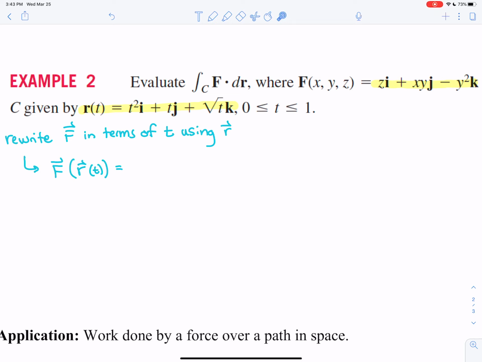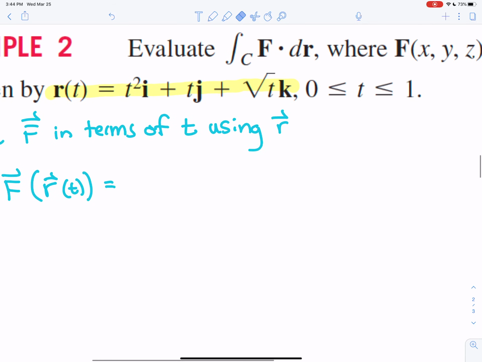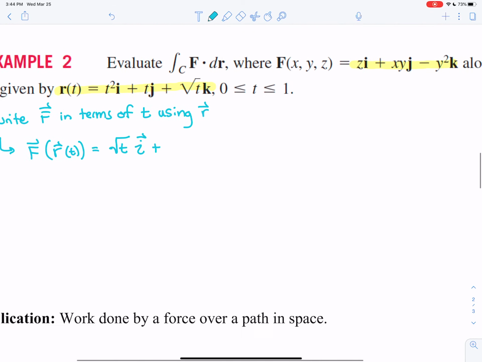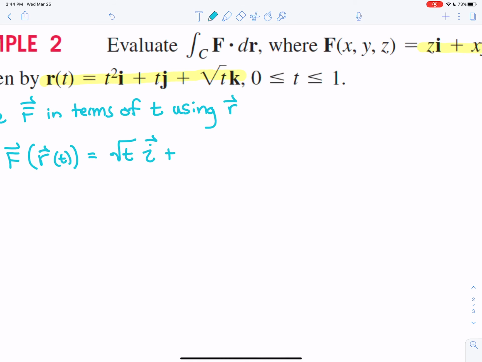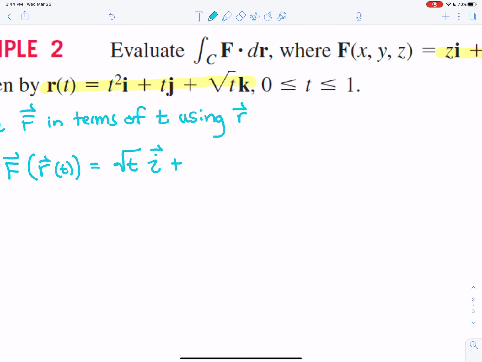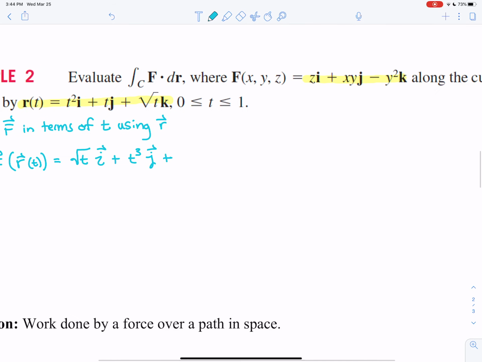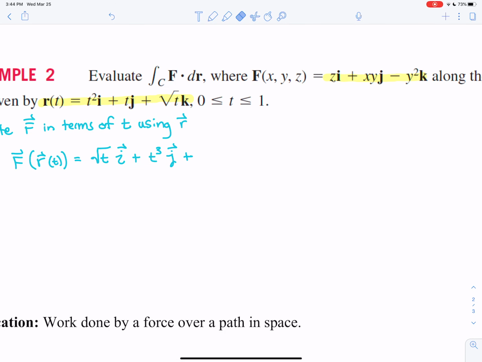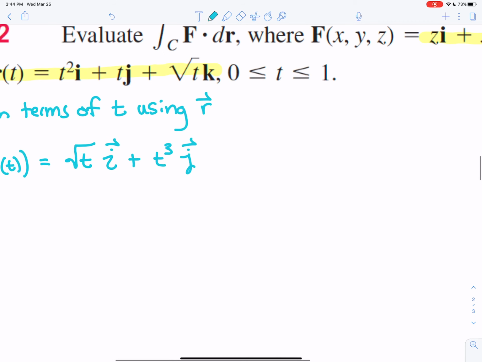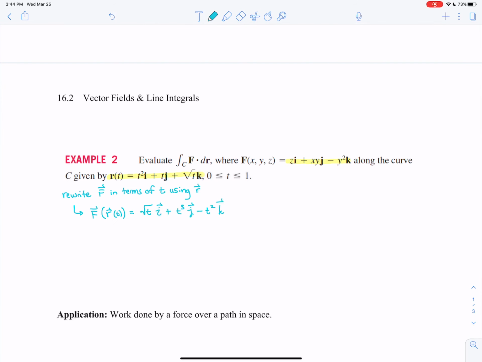So that'll be the square root of t in the i direction, plus x times y in the j, which is going to be t squared times t, so that's t cubed in the j direction, plus y squared with a negative, so that'll be minus t squared in the k direction. So we rewrote the vector field in terms of our path of integration.